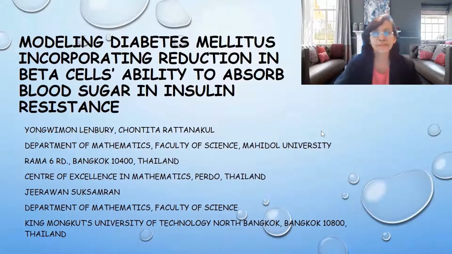Good afternoon. Today I'll be talking to you about our research on modeling diabetes mellitus, incorporating reduction in beta cells' ability to absorb blood sugar in insulin resistance, which is a joint research work of myself, Yongvimol Lenberry, Tontita Ratanakul, and Jirawan Suksamran.